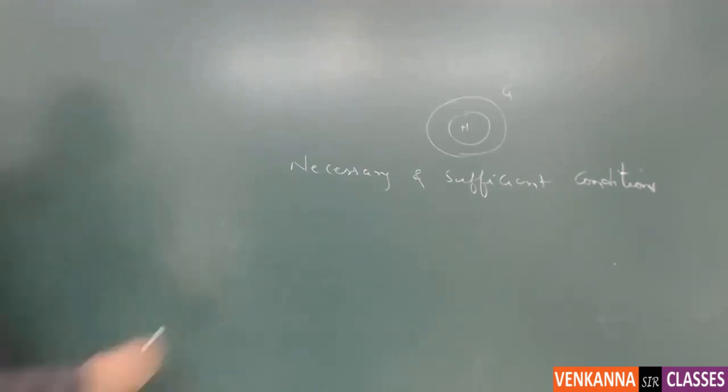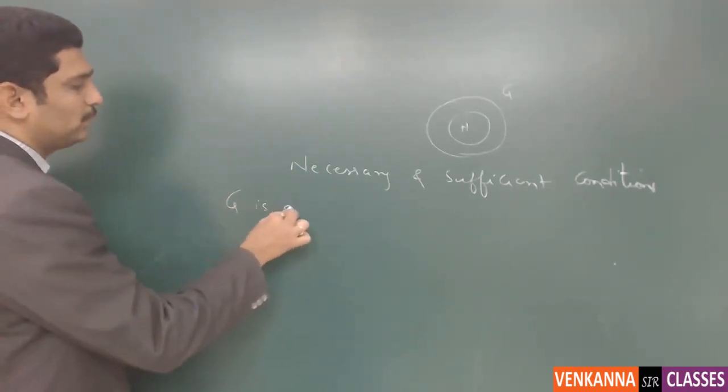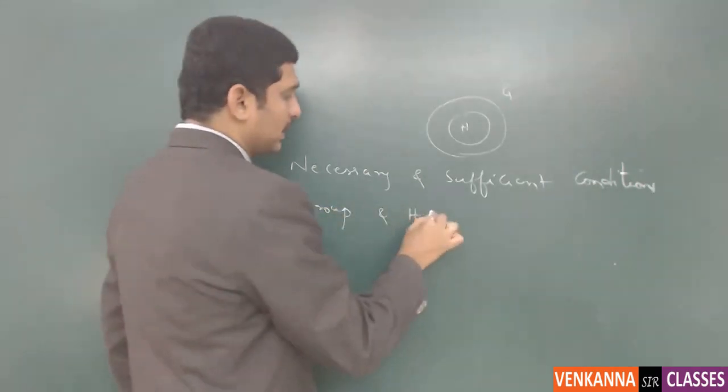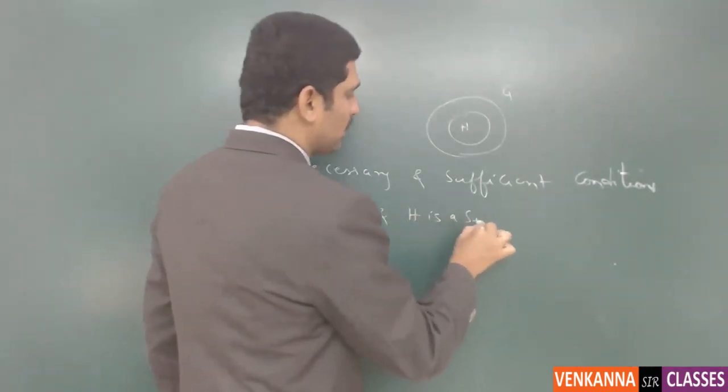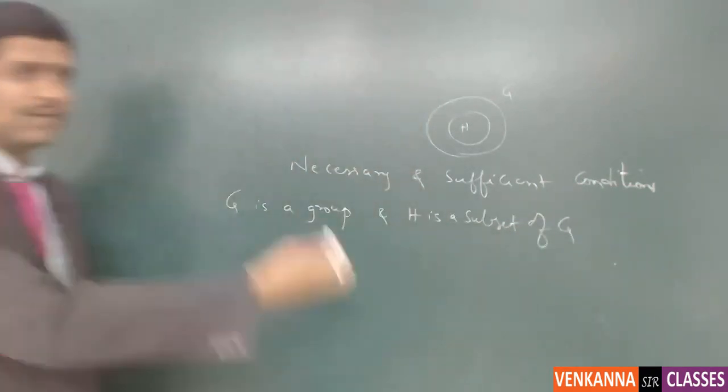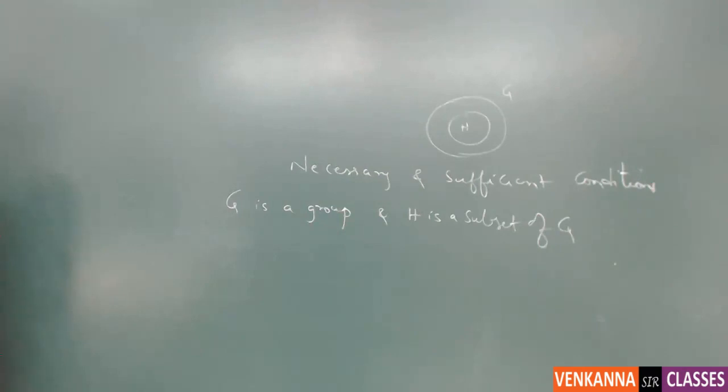So you take G as a group and H as a subset of G. While talking about a subset, we always think it is a non-empty subset. Don't think of an empty subset.